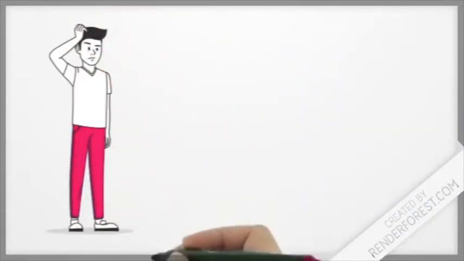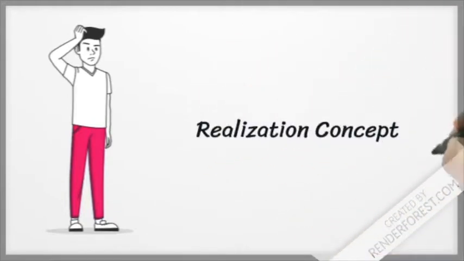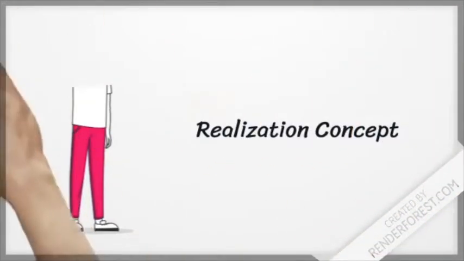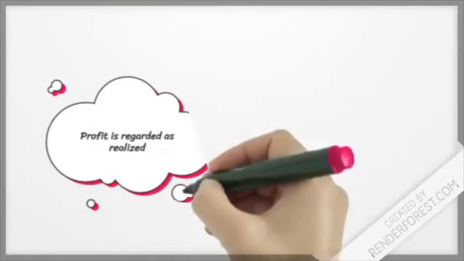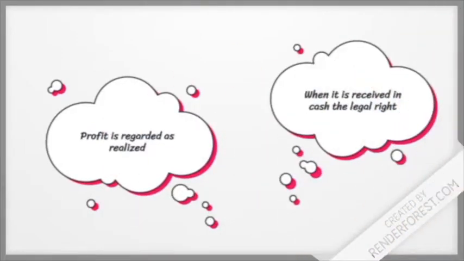The next slide is realization concept explanation. A profit is regarded as realized only when it is received in cash, or the legal right to the receipt of cash is obtained from a transaction.